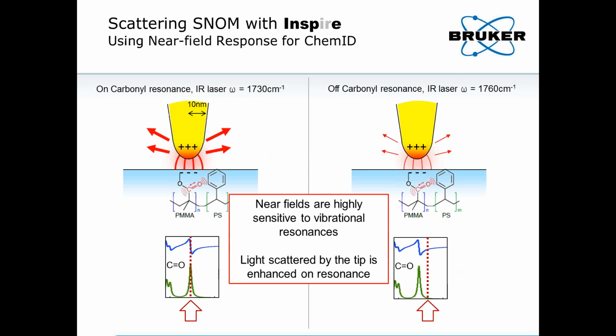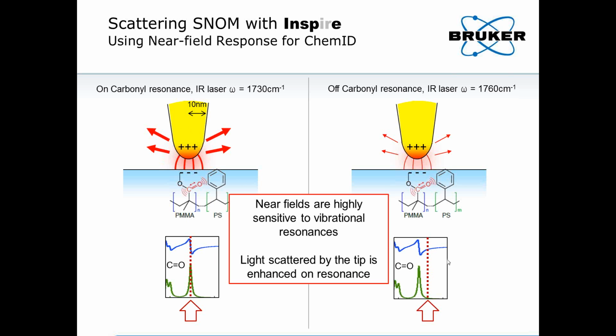So as we mentioned previously, the PMMA polymer has a relatively strong resonance because of the carbonyl stretch mode at around 1730 wave numbers. On this resonance, the tip will scatter more light than off resonance, as we show on this slide.